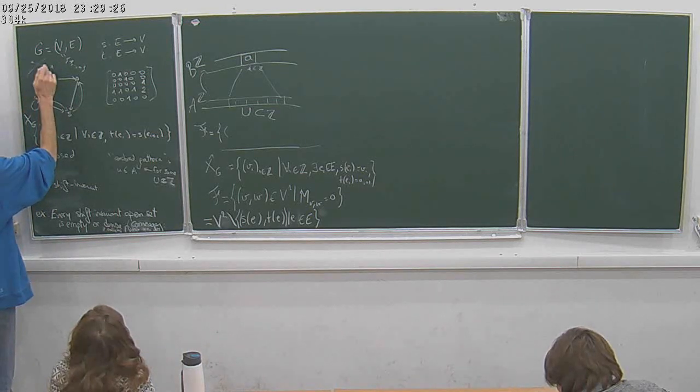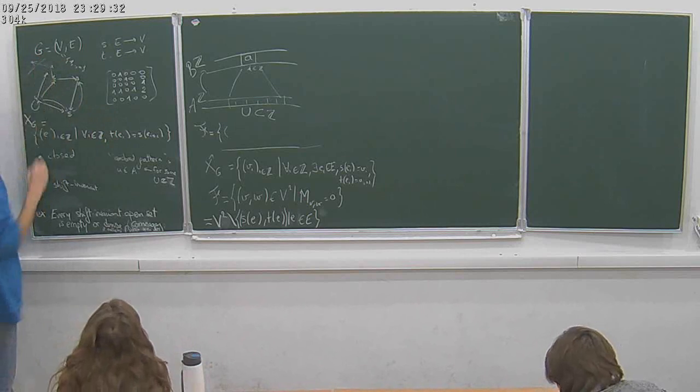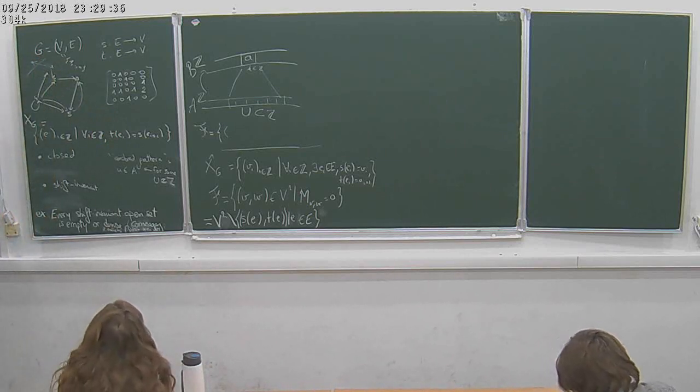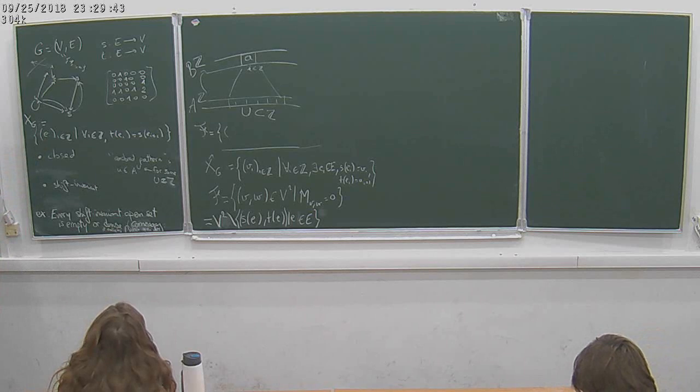Or if you're interested in mono-infinite paths, at least you want to remove this kind of stuff. So this is also defined by finite patterns, and which are these?